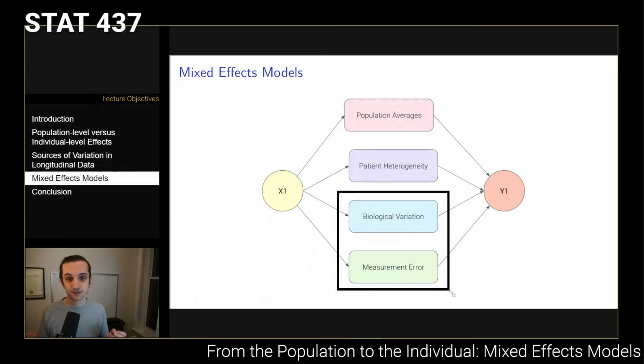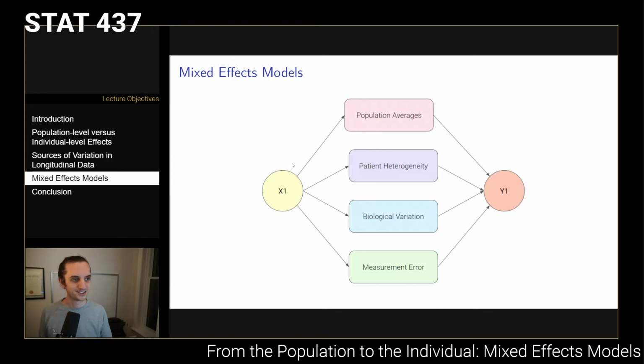And unless you can take repeated measurements, it's not going to be obvious how you separate out those two sources. But if you're thinking about it at the level of there are going to be patient level effects, there's going to be individual variation either due to biology or to the measurements, and then there's going to be population effects.